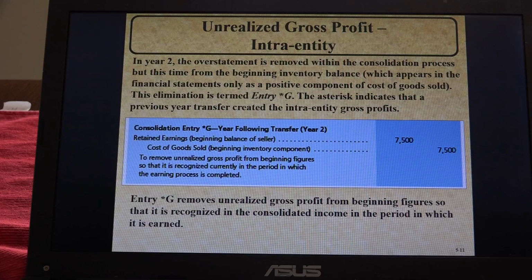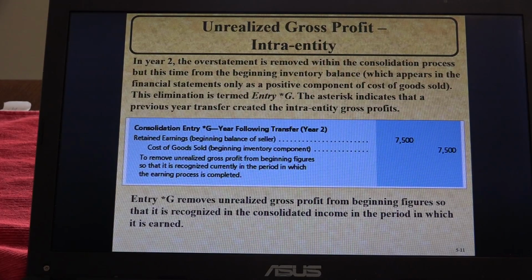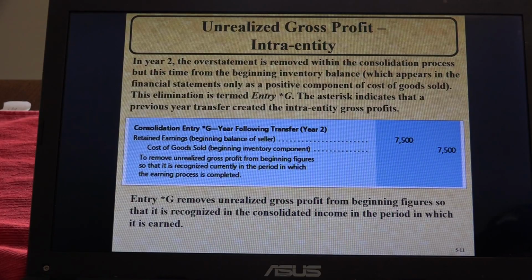And so what you're trying to do is, it's still in the retained earnings of the books at the beginning of the year, because it's a carryover from the year end, year one, right?